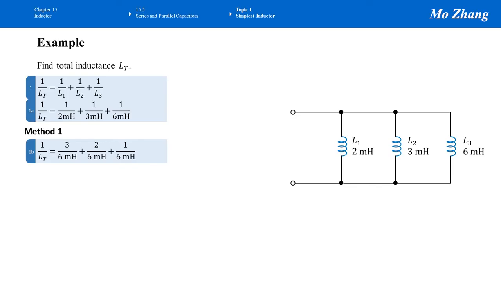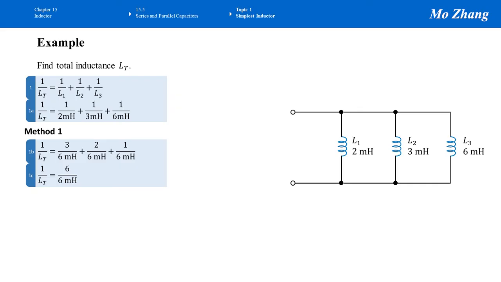For the second term, the denominator 3 becomes 6. To reach that 6 millihenry, we multiply 2 to the denominator, so we need to multiply 2 to the numerator as well. So the second term is 2 over 6 millihenry. For the third term, the denominator is 6 millihenry already, so no need to multiply anything to the numerator.